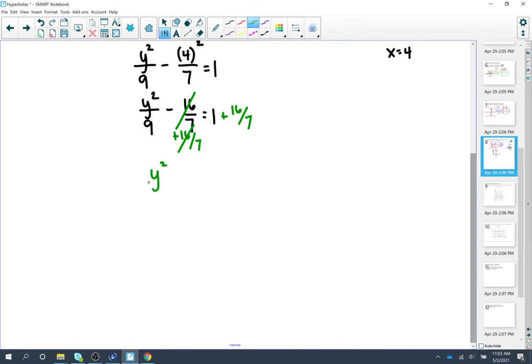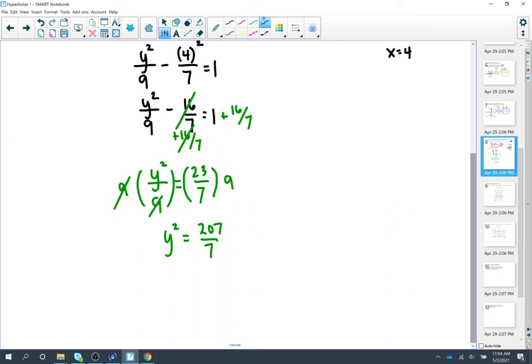So y squared over 9 equals 23 over 7. Then we're going to multiply both sides by 9. So y squared equals 207 over 7. Then we're going to take the square root of that, and we're going to get y is roughly plus or minus 5.44.